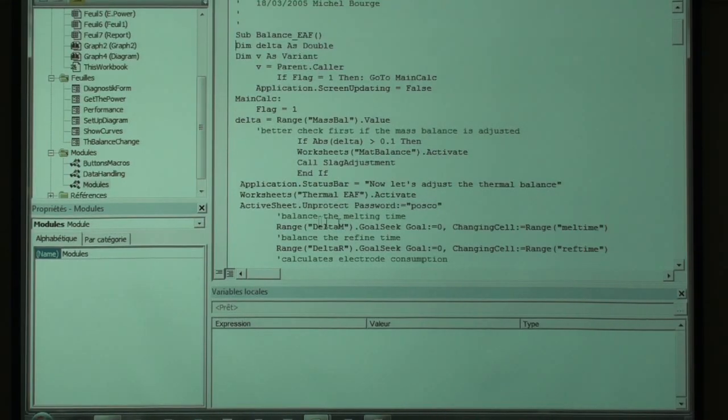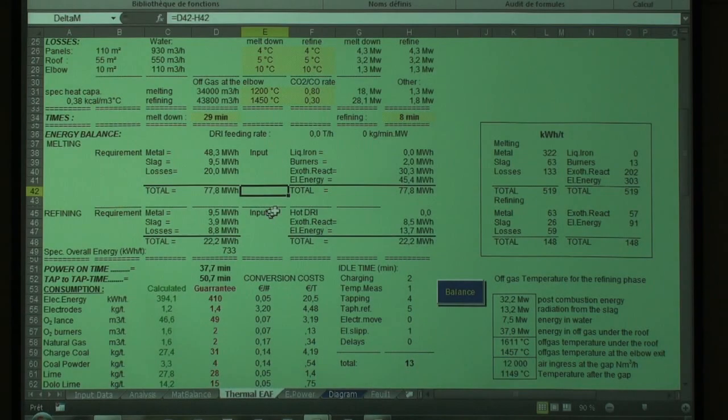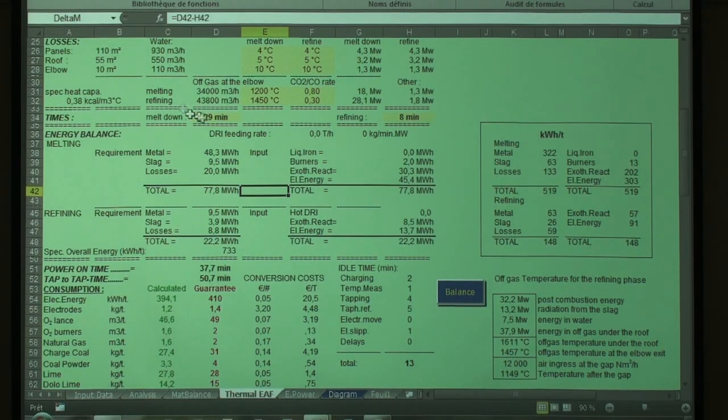You see, delta M, goal 60, changing cell melt time. This is delta M, and this is melt time. Very easy. So I do the same for refining. Then I get the total power on time and power off time. This is the addition of these two.